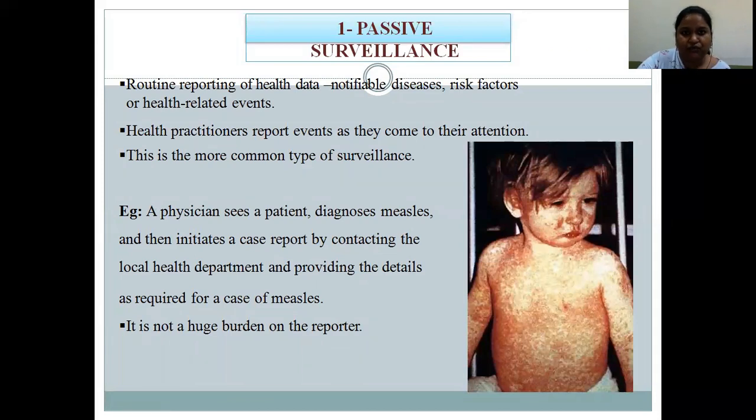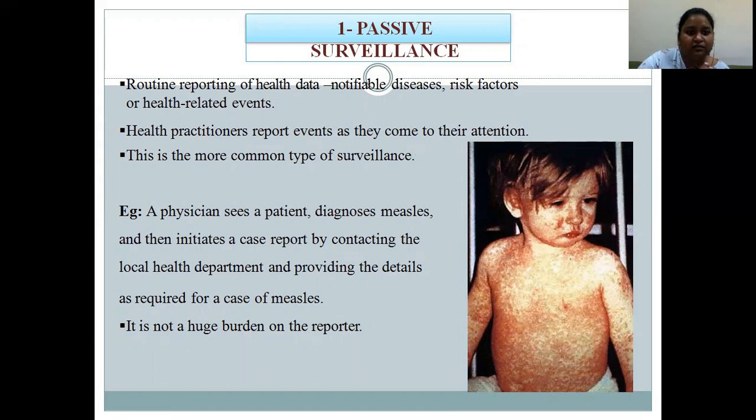Let's talk about them individually. First is the passive surveillance. As I've told you, in the active type the healthcare professionals go to the patients to collect the data. The routine reporting of health data should, first of all, cover a notifiable disease, as well as risk factors and all the health-related events experienced by the patients. Next, the healthcare practitioners report the events as they come to their attention.